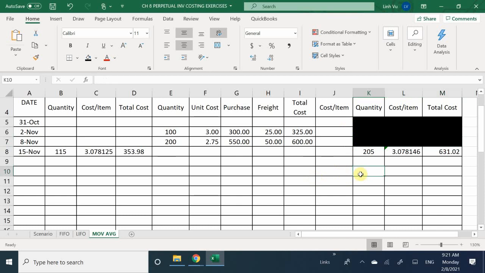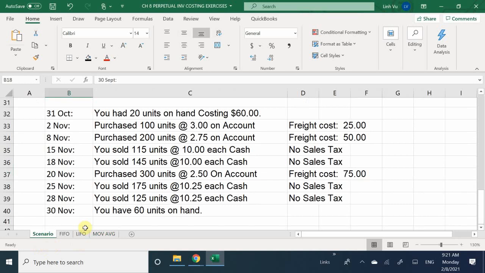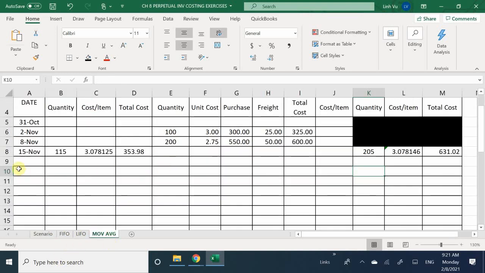And now we have 205 left in our inventory on hand. Okay. Next here, what happened next? On November 18th, you sold another 145 units. We sold another 145 units on the 18th. So November 18, 145. All right.